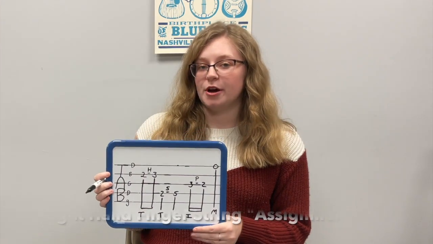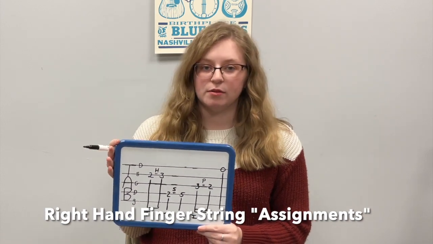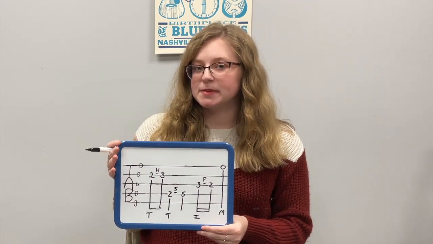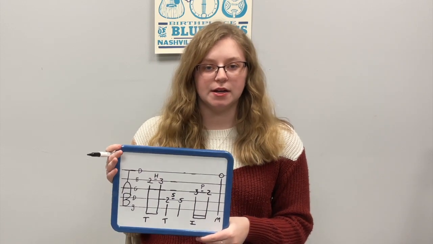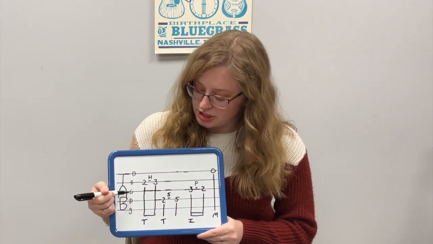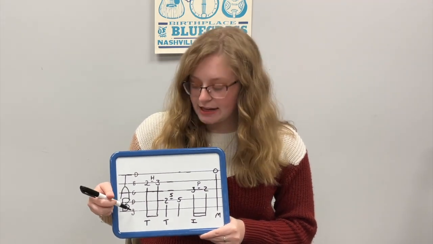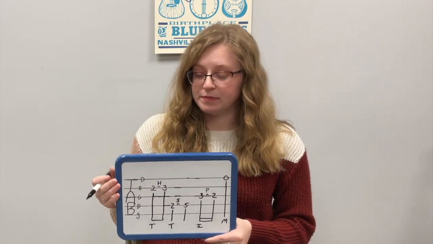It's a good rule to know that your D string is going to be only played by your middle finger. Sometimes it can play the B string, but that typically only happens in melodic style playing. Your B, G, D, and high G strings can all be played with your thumb.